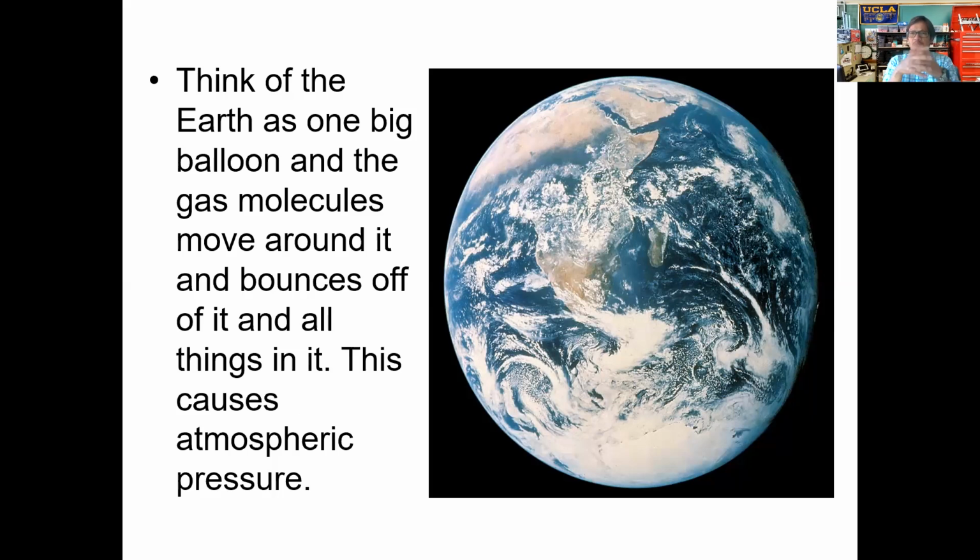You can think of the Earth as one big balloon or one big gas chamber filled full of gas particles. Remember, these gas particles are in constant, random, rapid motion. That's the kinetic molecular theory. As they move around, they collide, and those collisions lead to gas pressure.